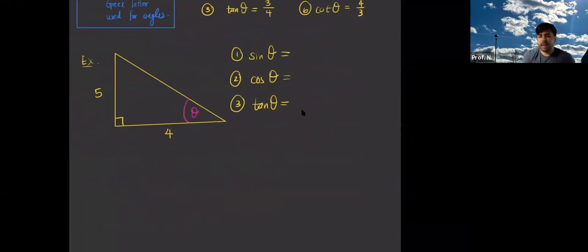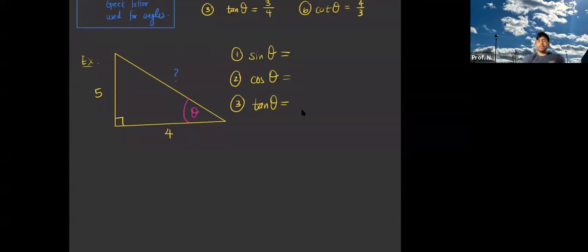I know 2 of the sides, 4 and 5, but I don't know the hypotenuse. So how do I find the hypotenuse? I need to know the hypotenuse in order to find sine theta because I need to know what's opposite over hypotenuse. But right now, the hypotenuse is a question mark. So how do I find the side of the question mark?